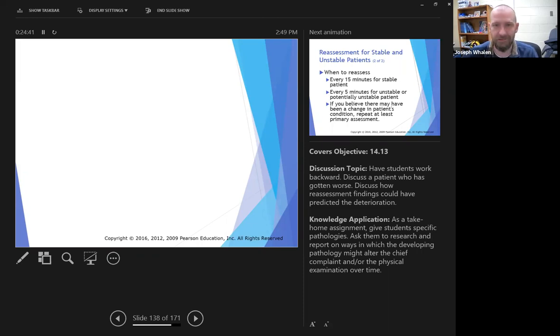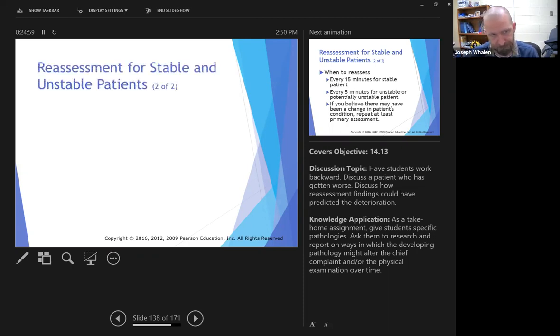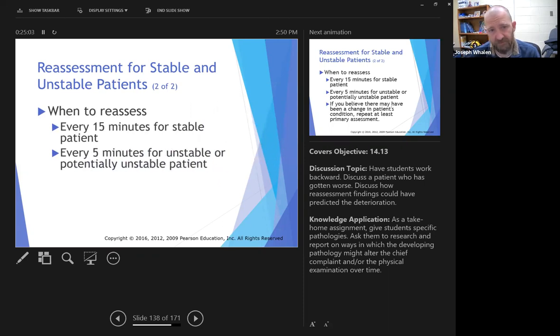So they're guidelines, but every 5 minutes for somebody that is unstable or seriously hurt, multi-system trauma, things like that, you just got to stay on top of it. It's almost like a continuous cycle. Once you finish, you're basically starting again and going through the whole cycle once again. Every 15 minutes for stable, every 5 minutes for the unstable.